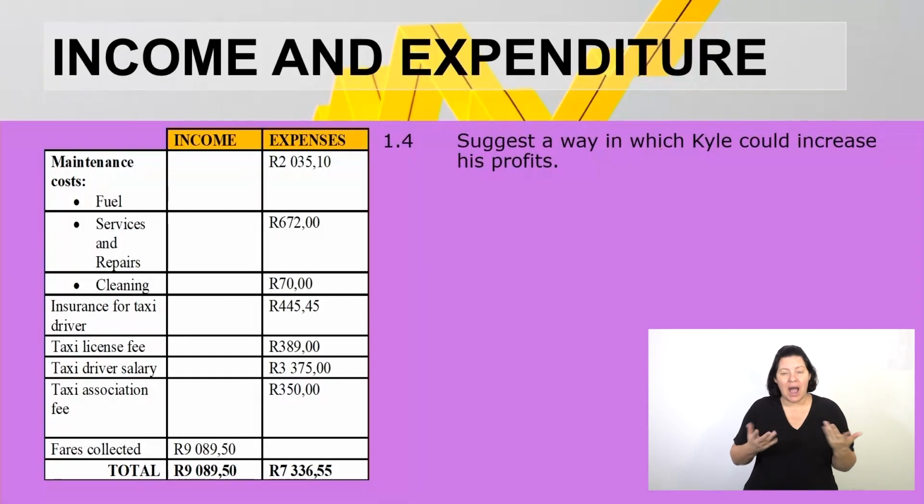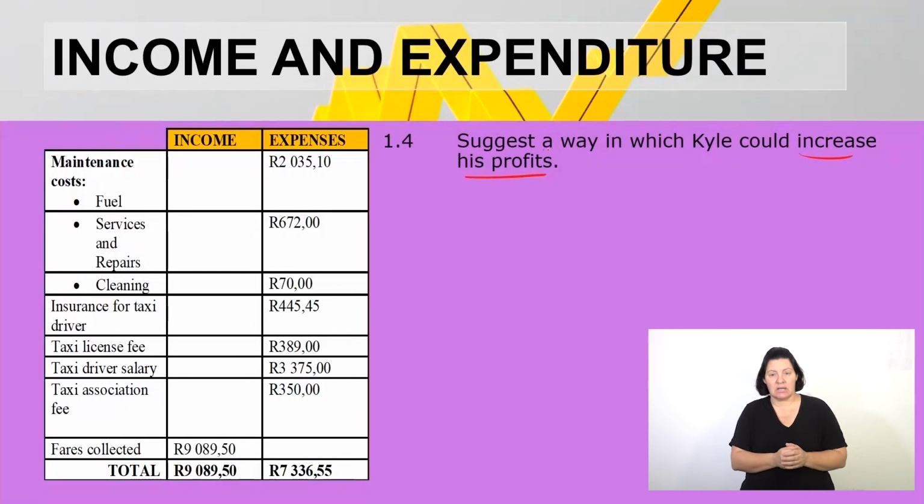Now moving on to 1.4. Here we are asking you to suggest a way in which Kyle could increase his profits. Guys, remember this is a level 4 type of question. It needs your thinking, your engagement with the question, and always relate your answer to the context that you are working with. So how can Kyle increase his profits?